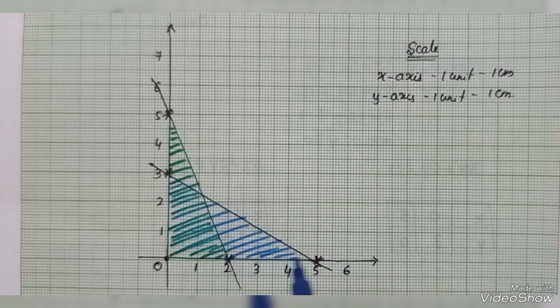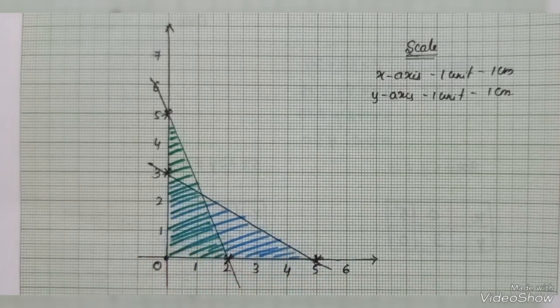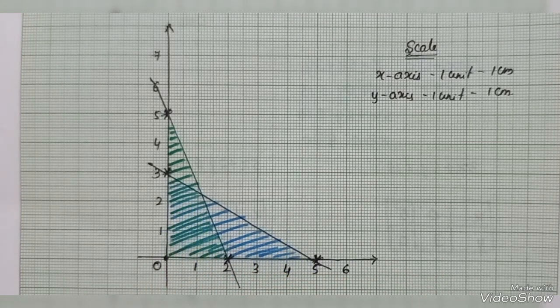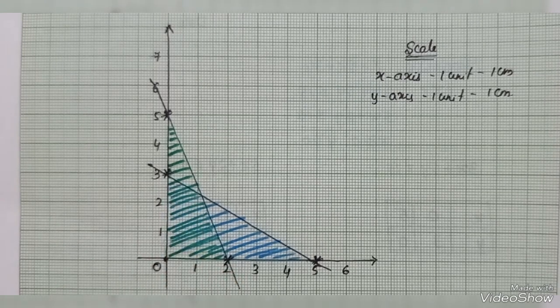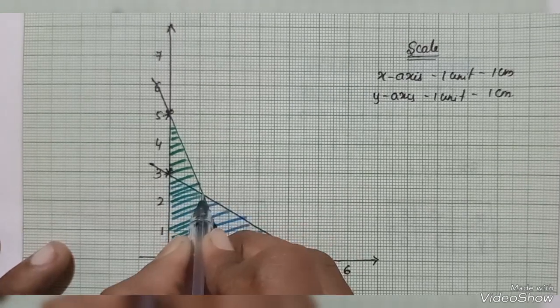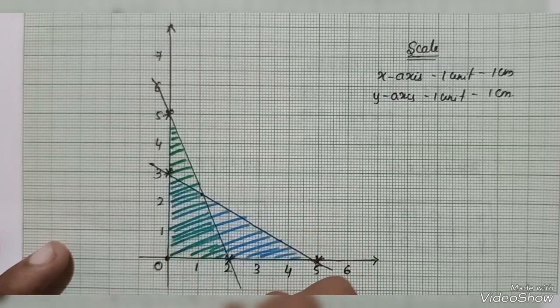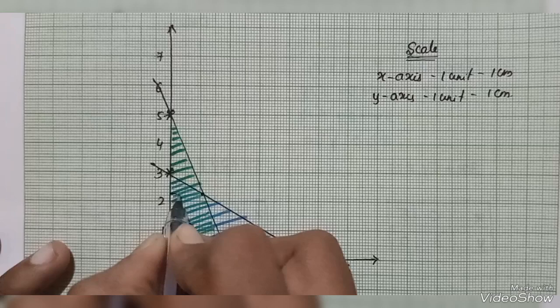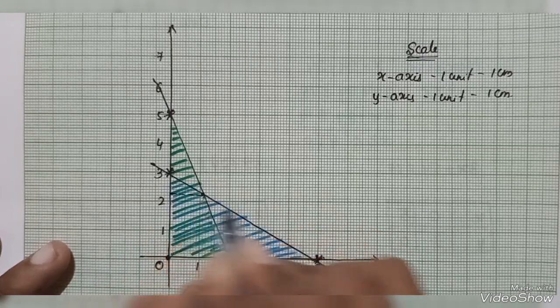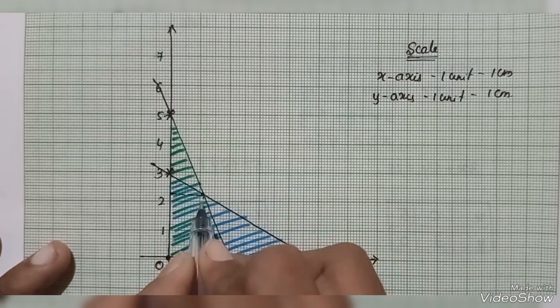So the common region for both the graphs is here. Okay, now I am taking the point, the coincident point here.